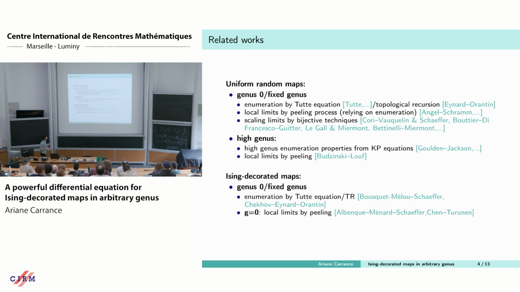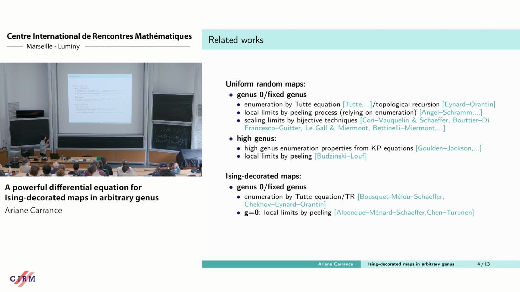And these enumeration results in high genus were one of the ingredients in a work by Thomas Budzinski and Baptiste Louf, where they also get local limit results for this high genus regime.